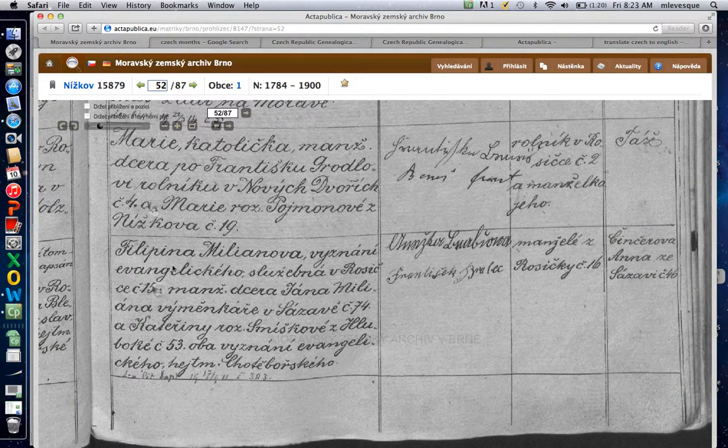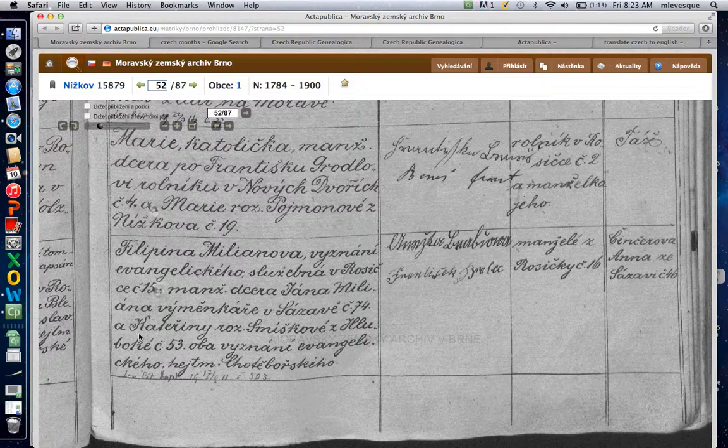Now we've got one here that's kind of interesting. Filipina Milyanova, and this Vyznanie means something like the persuasion, the philosophy, but she's a Protestant, Evangelickeho. Eho indicates adjective, and she is the legitimate daughter of Jan Milian, who's a Vymiankarj from Sazaver, and I think that's Sazavo.